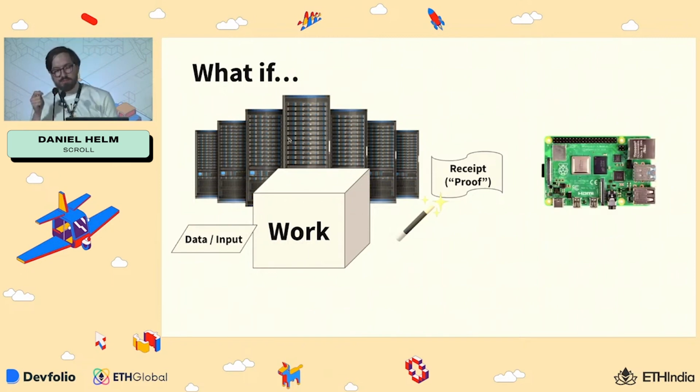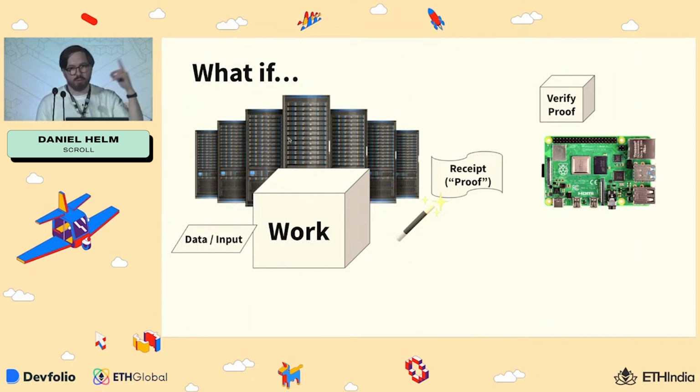And the receipt for the output of that work can be verified by one of these really simple computers. And that simple computer doesn't have to go back and redo all the work of the supercomputers. It can just verify the proof cryptographically and say, nope, I know, I can guarantee that all this work was done correctly, right?